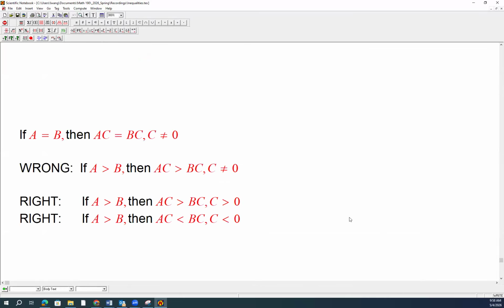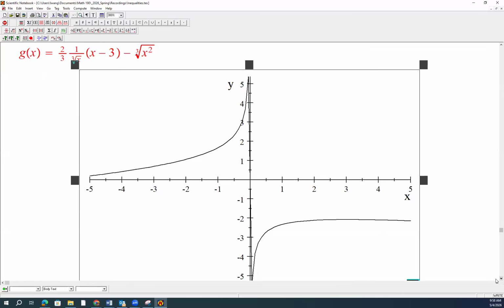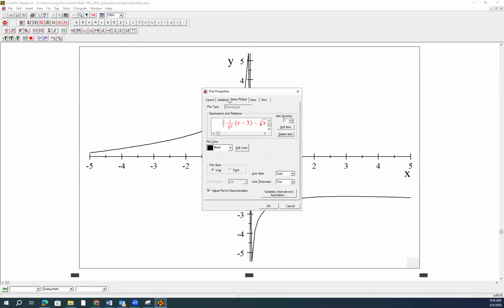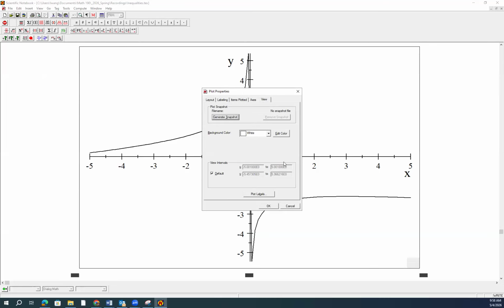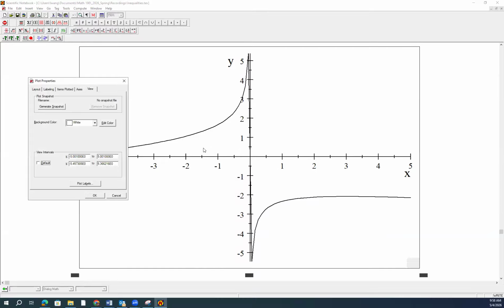That's the curve. It's a pretty, so let me make some adjustment. Okay. You see 0 is not in the domain. Okay, so I got -3, +3, and here is -5, +5.